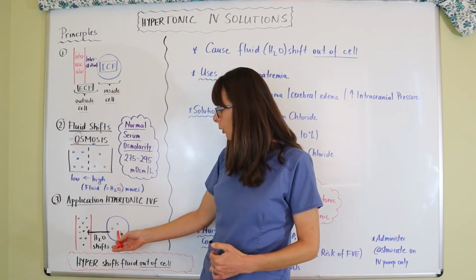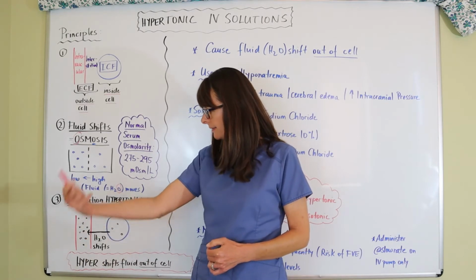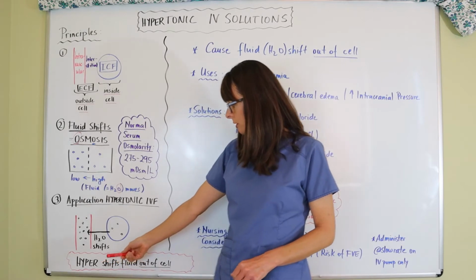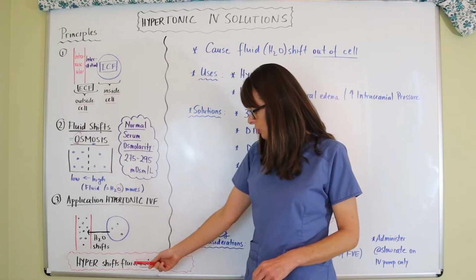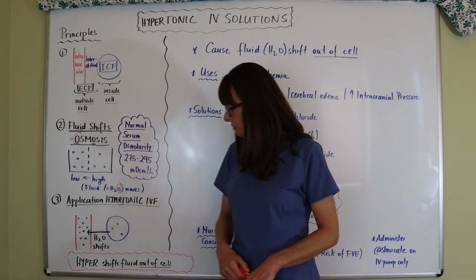It's going to pull water out of the cells into that intravascular space and then get rid of it by diuresing it out. So in hypertonic solutions, fluid shifts out of the cell from the intracellular into the intravascular space.